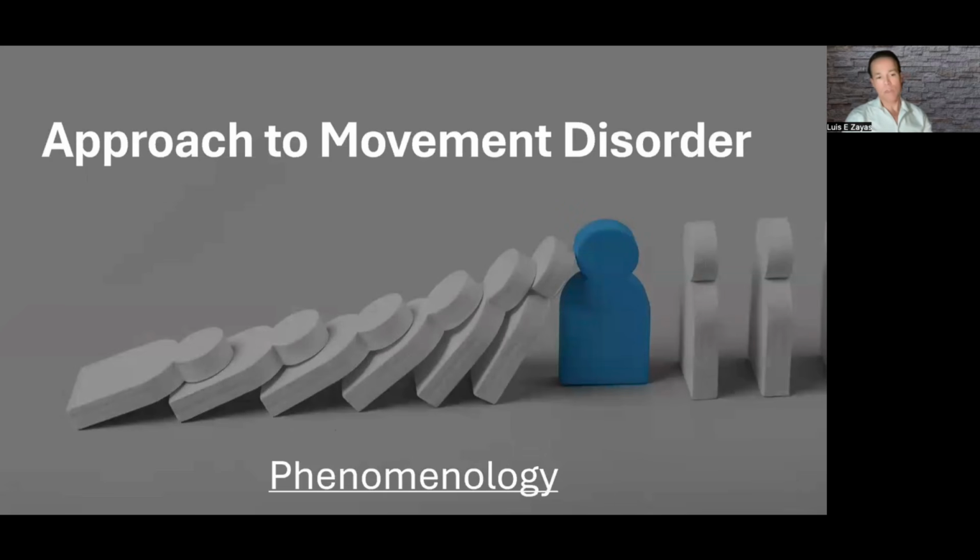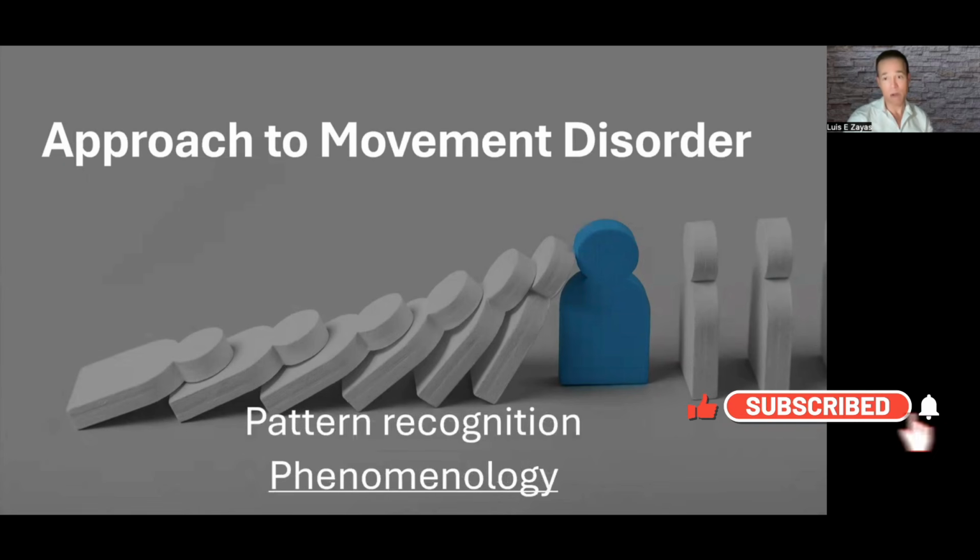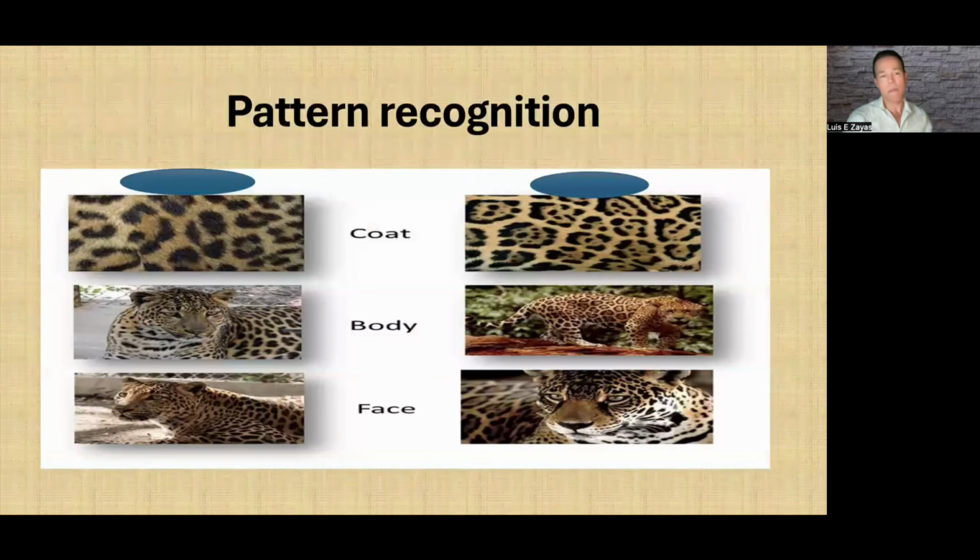What is the approach? Let's talk about phenomenology. Remember what I said about phenomenology, which is the most important part, pattern recognition. So many people use a different type of animal to explain this concept. There are people who can identify what type of big cat is here on the left and what type of cat is here on the right.